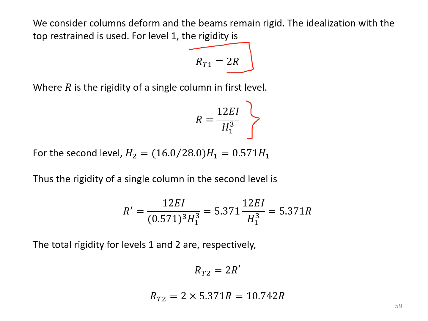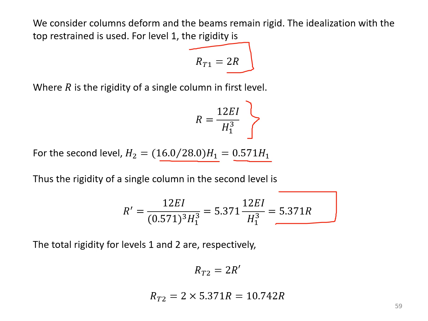For the second level, rather than doing numerical calculations, let's find out what the rigidity is in terms of R. So the ratio of the two heights is obtained. That means the height of level 2 is 0.571 times the height of level 1. And as a result, we would have R prime, if we call it the rigidity for the column in the second level. You can show through the calculation that that is 5.371 times R. So now everything is in terms of R. All right.